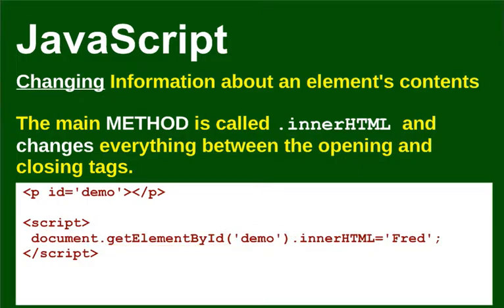Okay, there's my get element by ID, and there is my inner HTML, and I'm going to say I want that to be Fred, but at the moment this element has got nothing in it. There's nothing between the tags, it's empty. So this will then set that. Okay, so it will set it, and that's what we do.